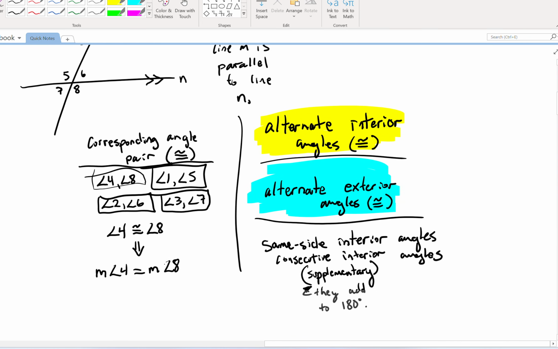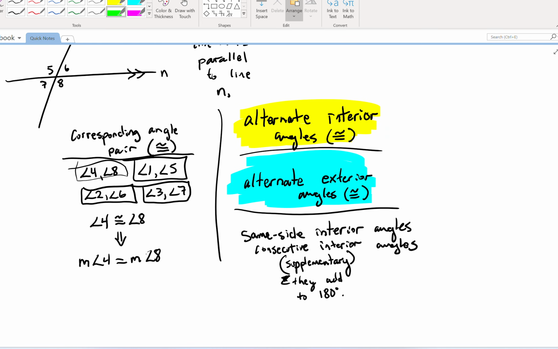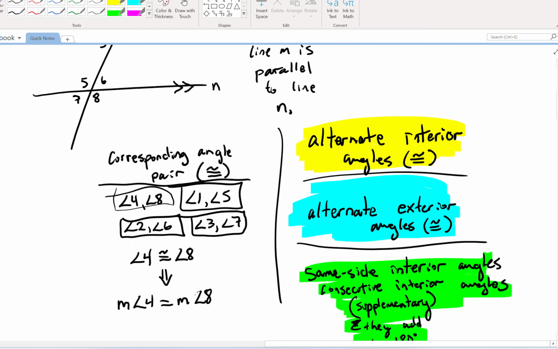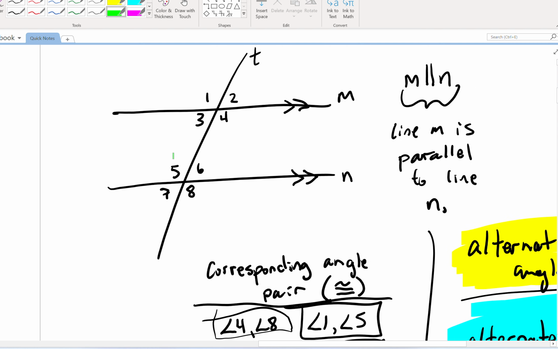Now, same side interior angles are supplementary. So I could look at 5 and 3. These are not congruent, but this means that the measure of angle 5 plus the measure of angle 3 equals 180 degrees.